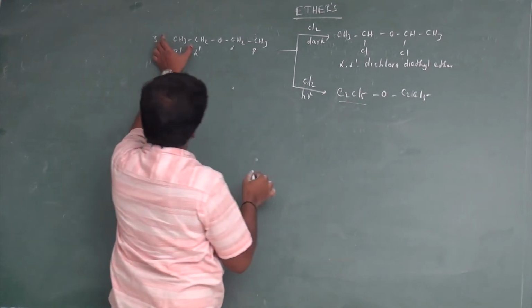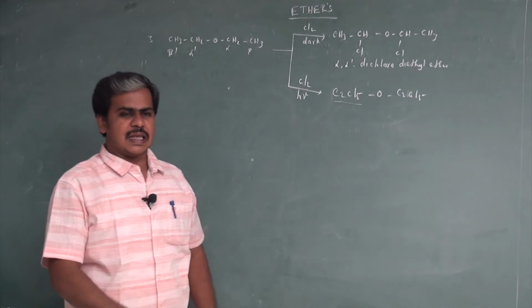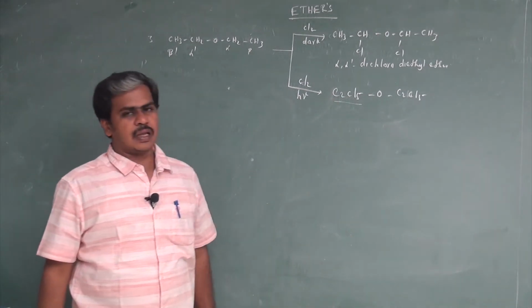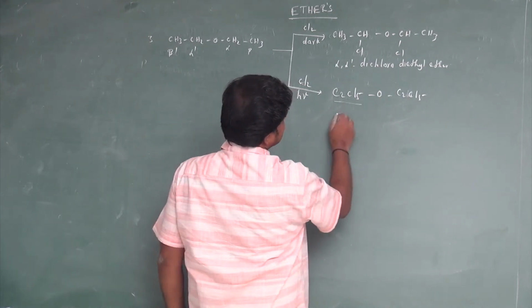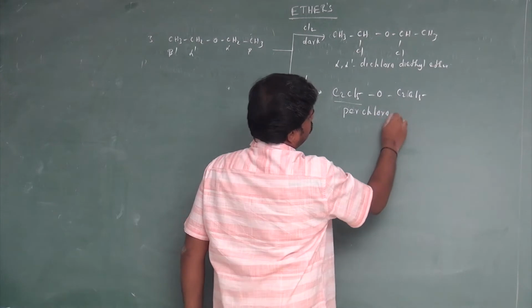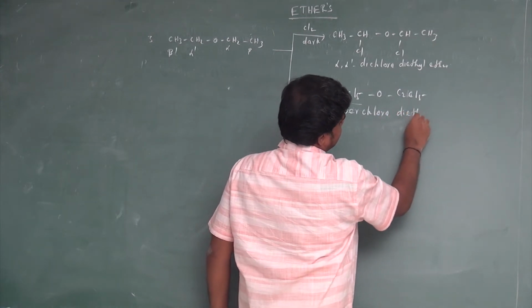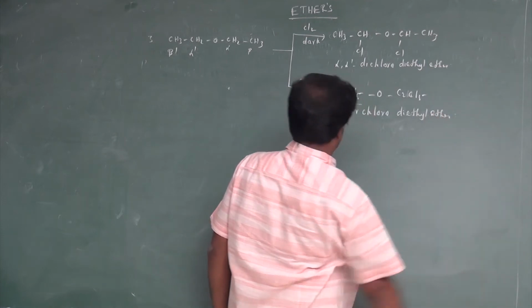It is C2H5 and C2H5 where instead of hydrogen we are getting Cl. So C2Cl5 bonded to O and C2Cl5 is the product. It is perchloro diethyl ether.